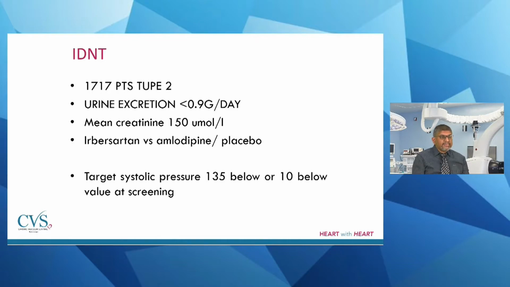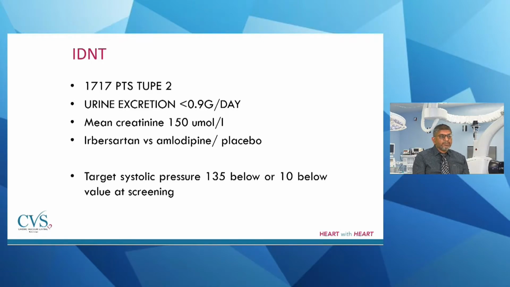And then the IDNT came out, using irbesartan. Again, there's a mistake here, it's more than 0.9 grams, quite a lot of proteinuria in these patients with quite advanced moderate CKD. And basically they compared irbesartan, amlodipine and placebo.